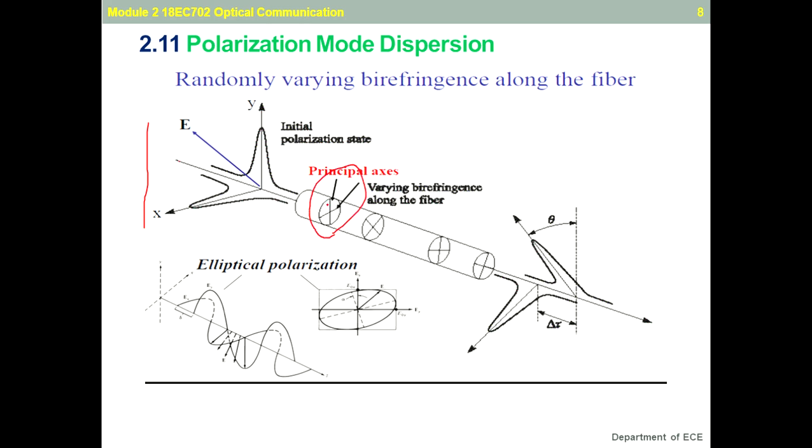After some distance, the polarization state has changed, and after some more distance it changes again. The beat length is defined as the distance at which the initial polarization state is restored. If we compare the input and output, there is much difference between them due to the different polarizations resulting from the horizontal and vertical modes.